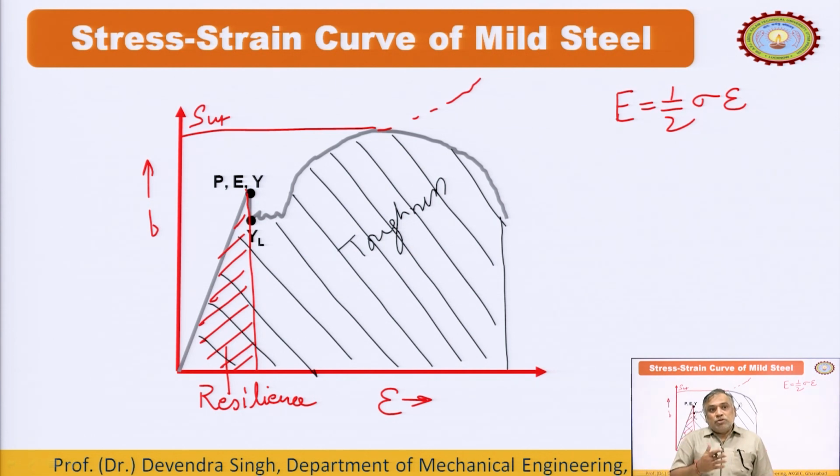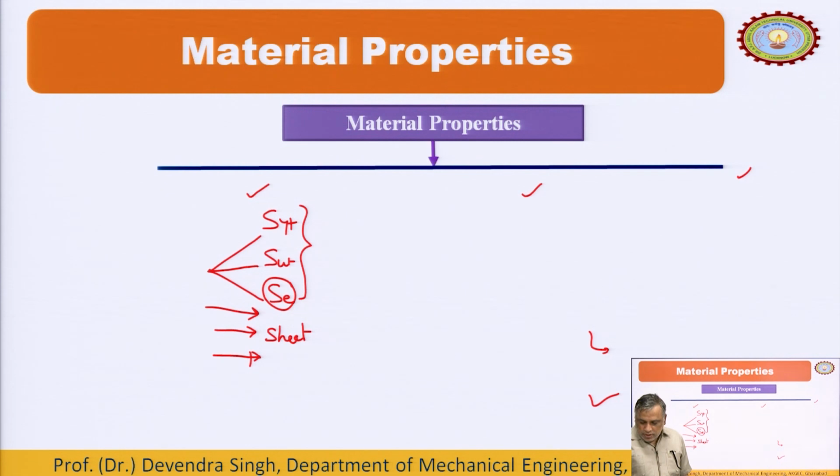The material should be able to bear the maximum possible stress without fracture. If fracture takes place in a pressurized vessel, it can cause very heavy loss. So, toughness is the energy which is absorbed by the material before fracture.